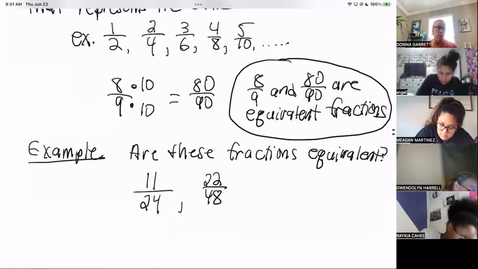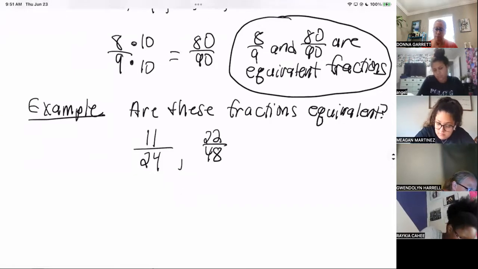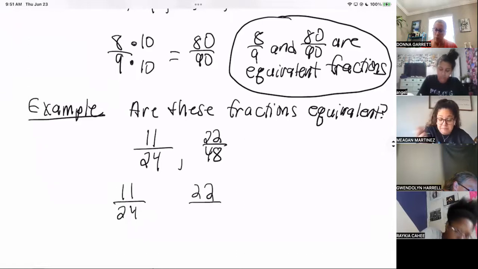Are they equivalent fractions? What you're going to do is put them next to each other and see if you can make one the other.